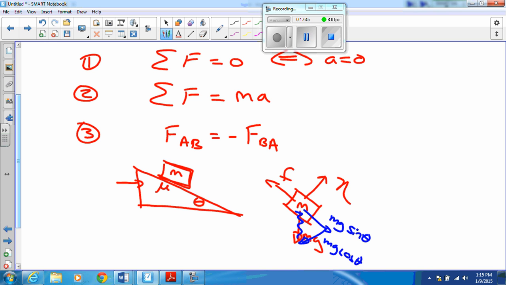What I finally did was I checked the extremes. If my theta is all the way at 0, then the parallel component should be 0, and the perpendicular component should be equal to mg. And that means that this one has to be the sine component, because the sine of 0 is 0, and the cosine of 0 is 1.